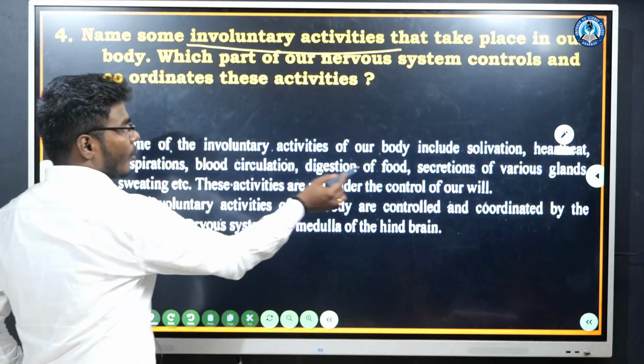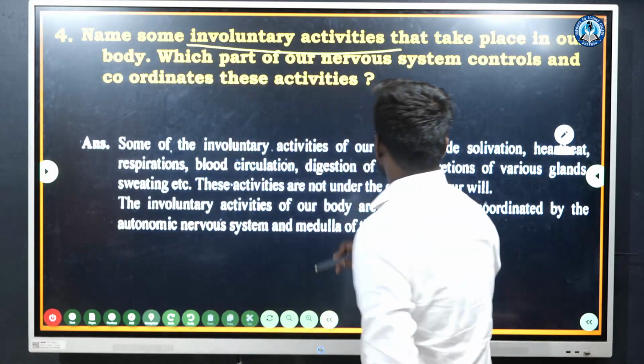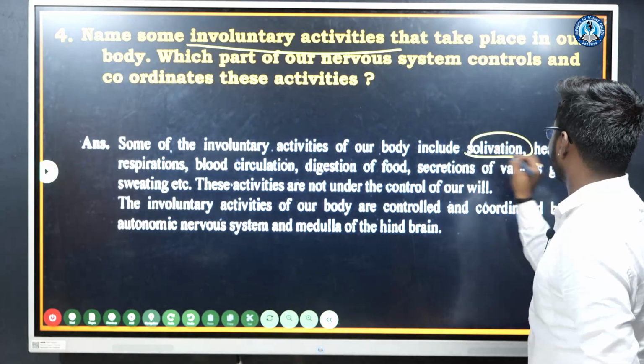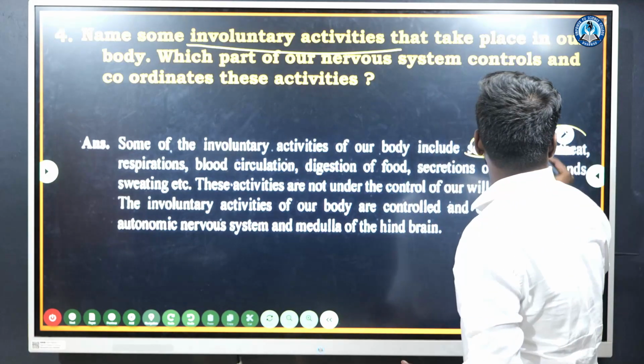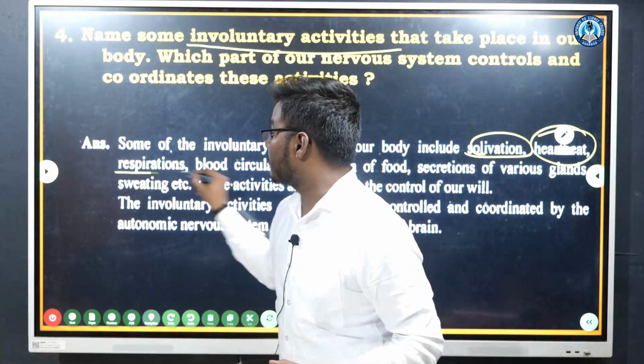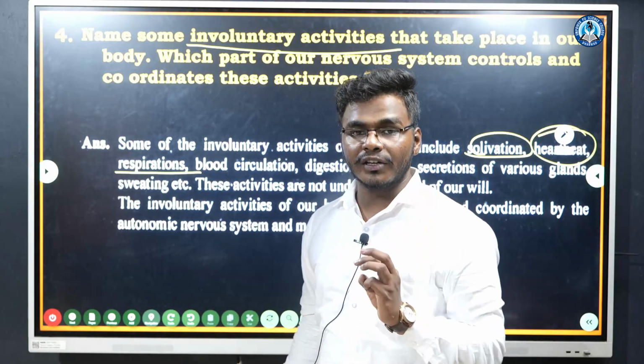So some of the involuntary activities of our body include salivation, that is production of the saliva, heartbeat, respiration. Yes, you cannot control your respiration.